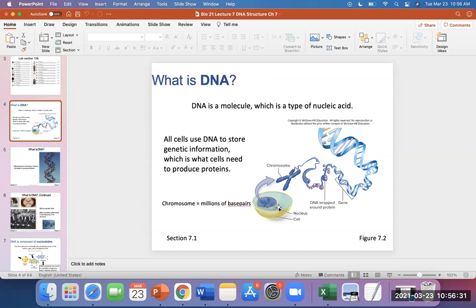Can you tell me the difference between chromosome and chromatin? You remember chromatin? If you had to define chromosome versus chromatin, how would you define that?